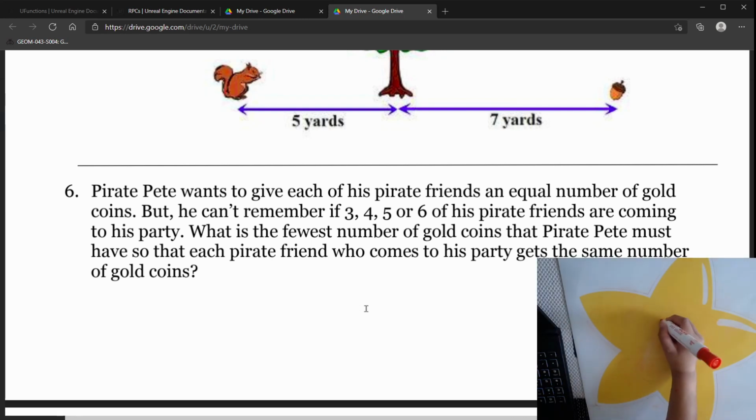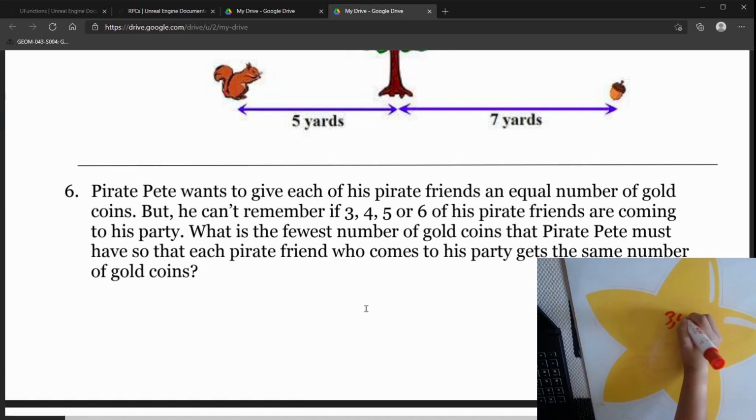Okay, so 3, 4, 5, and 6. So let's take these out with the 2. So this would be a 3, 2, 5, and 3. Now you can take out with 3.